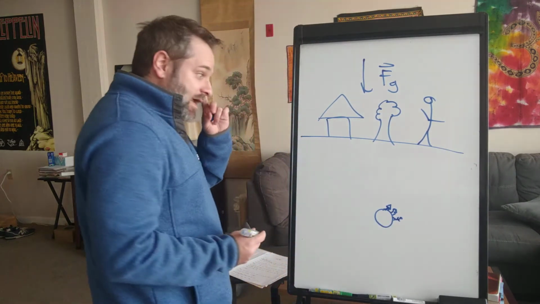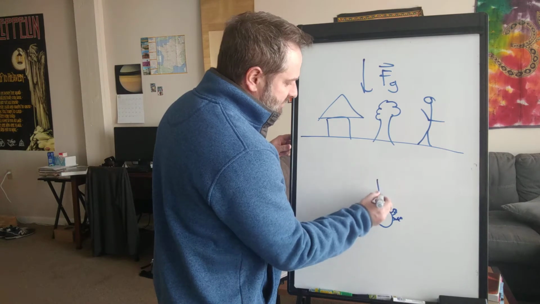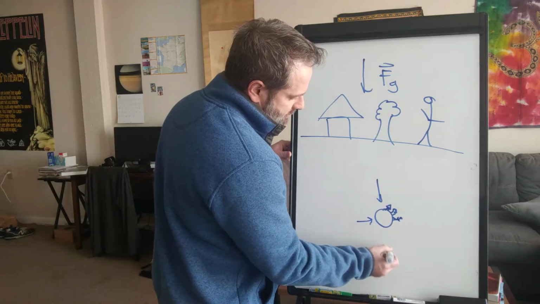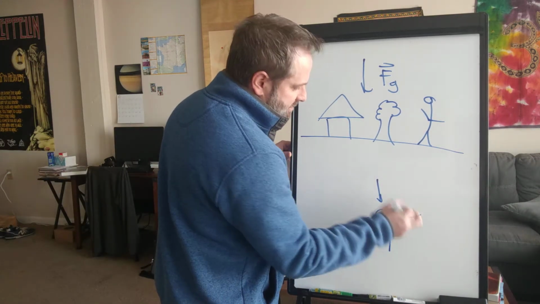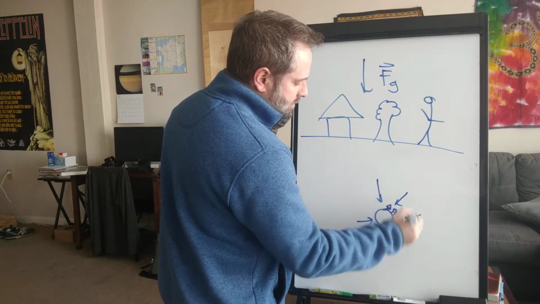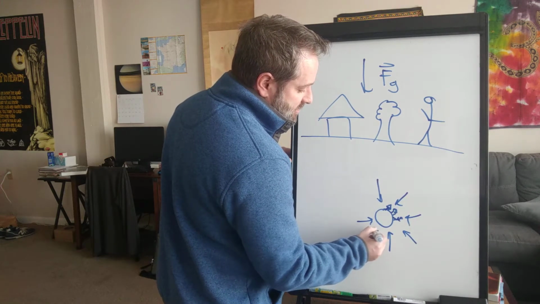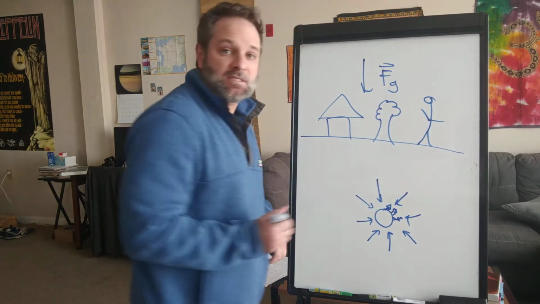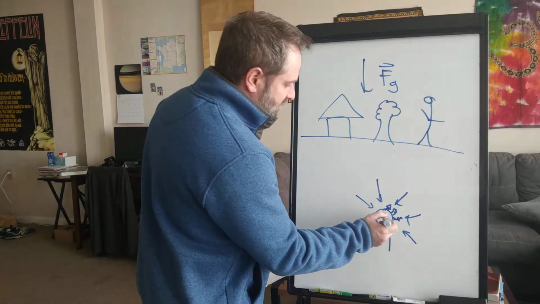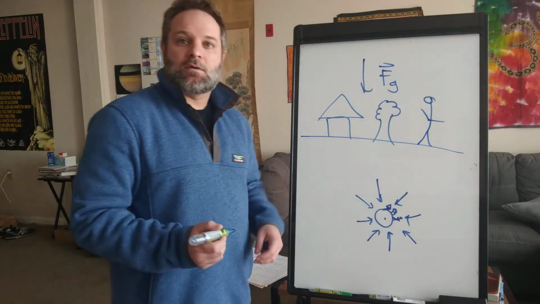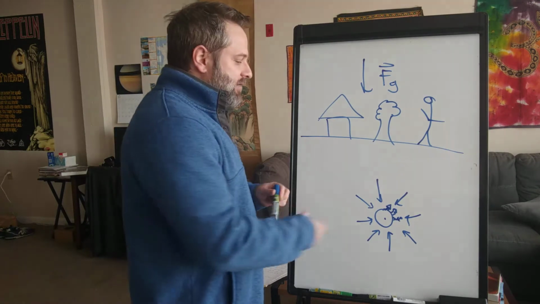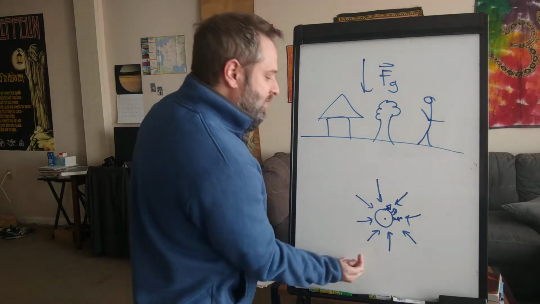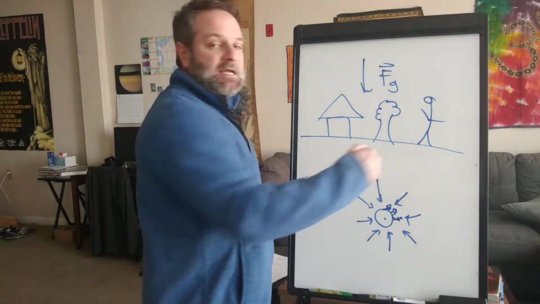If we zoom way out, we see that gravity doesn't point directly down anymore. It points towards the center of mass of the entire Earth. So if the center of mass of the Earth is roughly in the middle, we're going to have this gravitational force pointing in towards that center of mass.